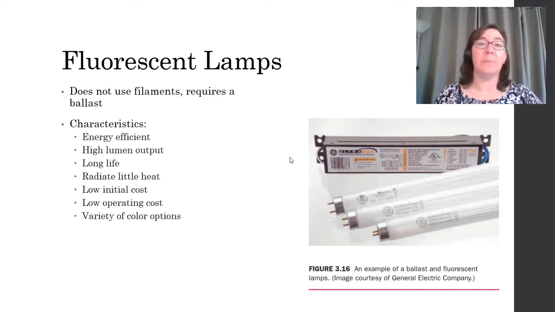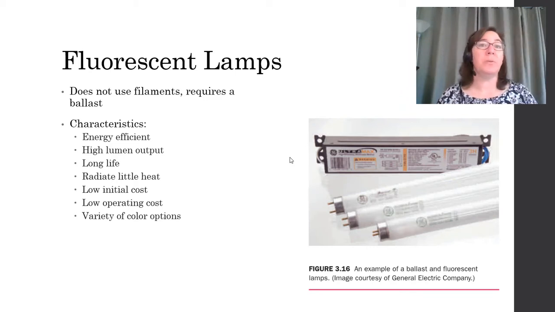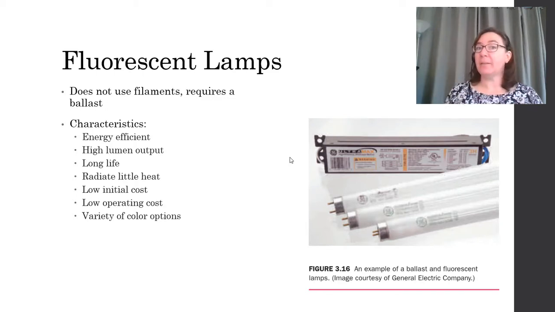Fluorescent lamps have a bit of a bad name because the initial technology only produced very, very cool light, very blue-green. We've moved past that, and now your fluorescents can give you much warmer light.